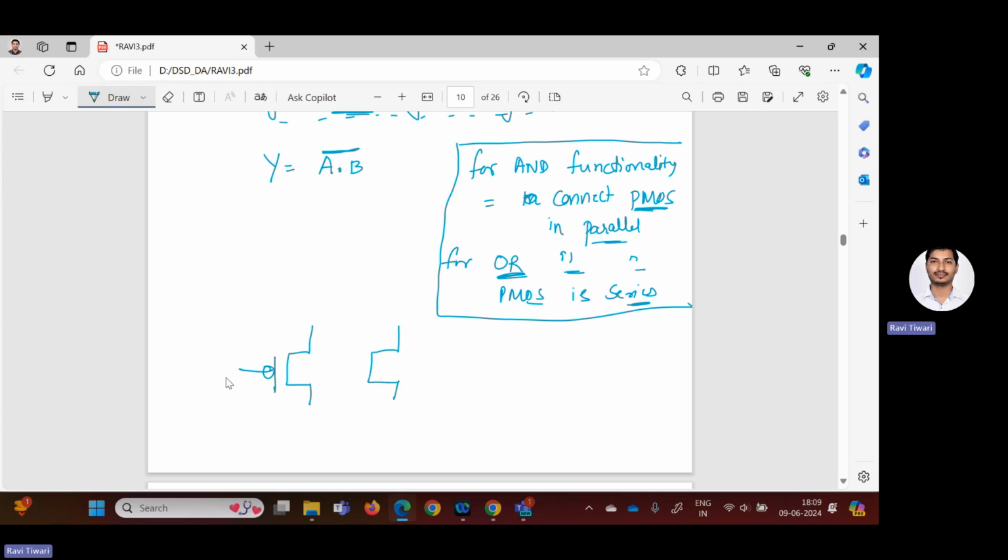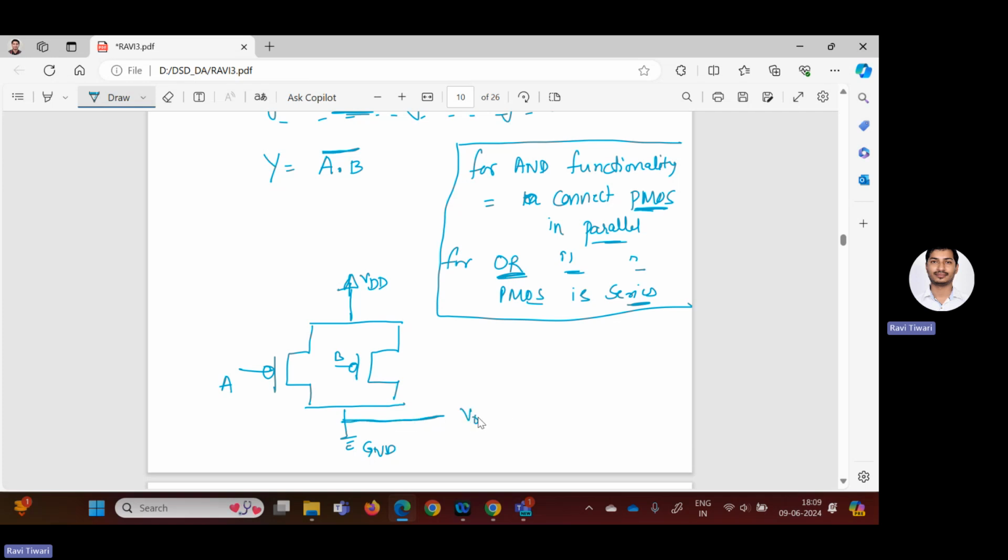And here I will give A, here I will provide B, and connect it like this. At the top, we have to provide a VDD. At the bottom, you have to connect to the ground. Always remember, you have to take the output near to ground in PMOS, right?